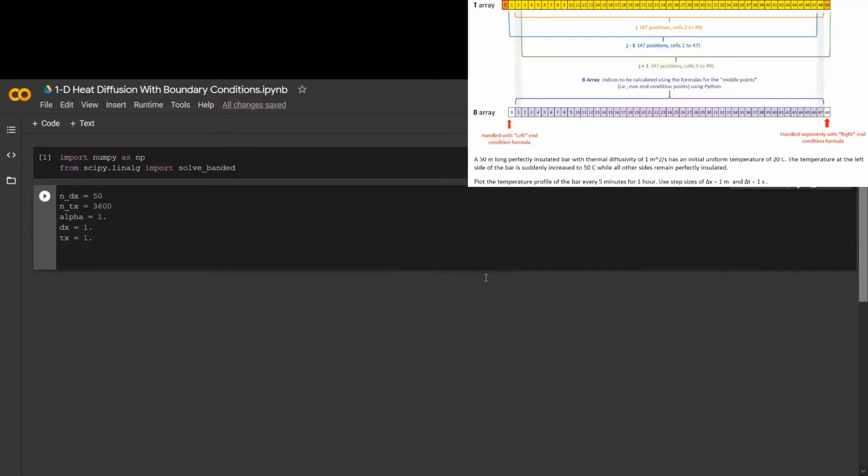Okay, so maybe now's a good time to talk about the image I overlaid. Of course, we're going to need to create an array for our temperatures, right?